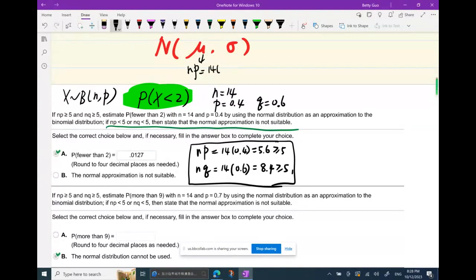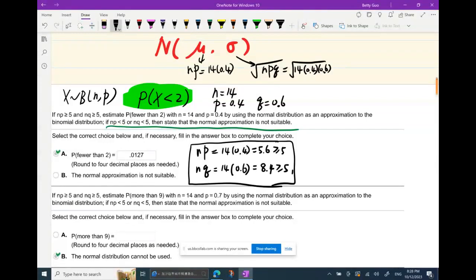Yeah, in the calculator, you just need to enter 14 times 0.4. You don't have to evaluate on your own, just enter the expression. And the sigma is square root npq. You enter square root 14 times 0.4 times 0.6.